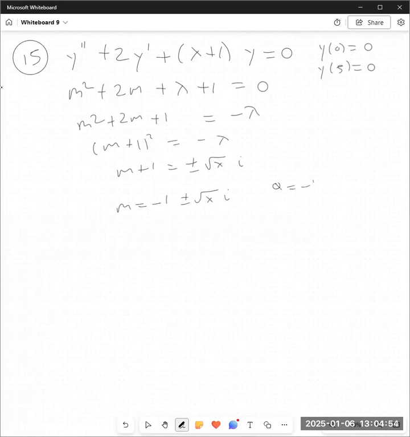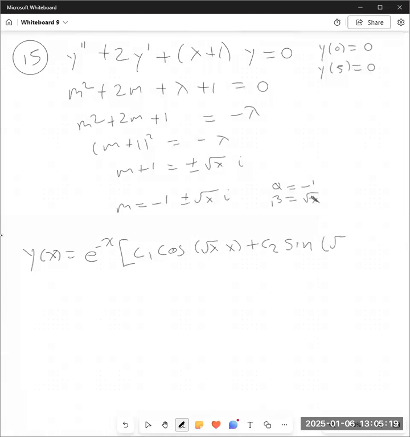I now have an alpha and a beta for my complex number. So my y of x is now equal to e to the negative x times a quantity c1 cosine of root lambda x plus c2 sine of root lambda x. Y of 0, e to the 0 is still going to be 1.